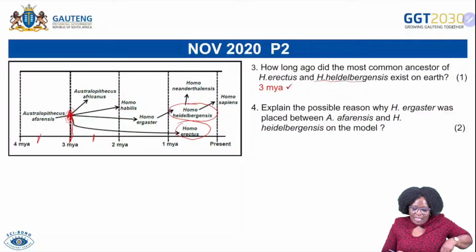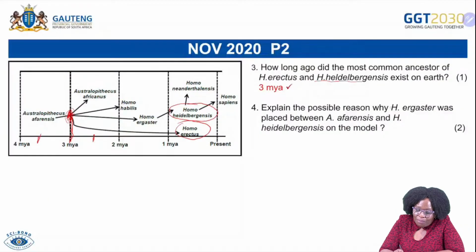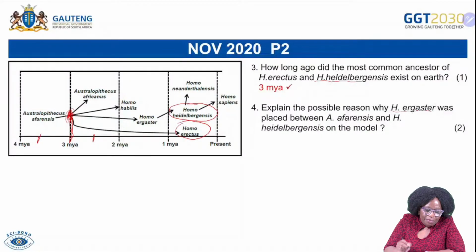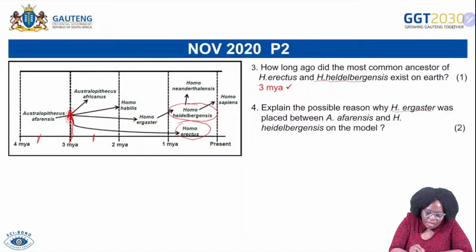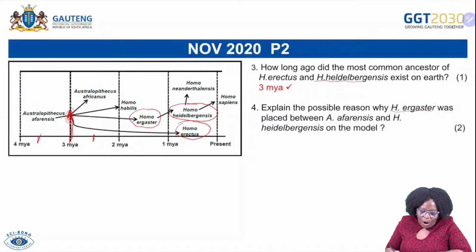And the next question is, explain the possible reason why the Homo ergaster was placed between Australopithecus afarensis and Homo heidelbergensis. Why? So you come back here and say, okay, we are looking at Homo ergaster. Why was it placed between Australopithecus afarensis?